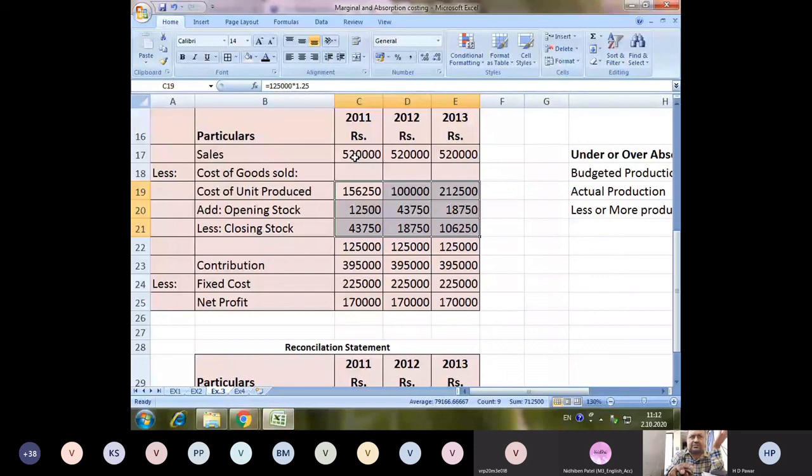From 5,20,000 subtract 1,25,000, so 3,95,000 every year. So this is your contribution. If you say this is A and this is B, then this contribution is A minus B. Getting? So this is your contribution. Contribution less fixed cost is equal to profit.